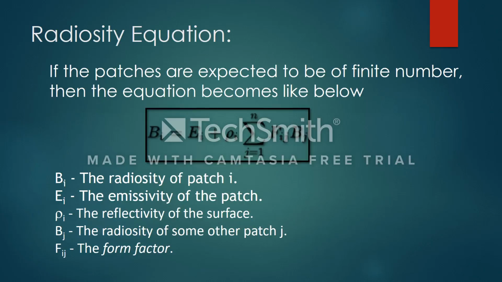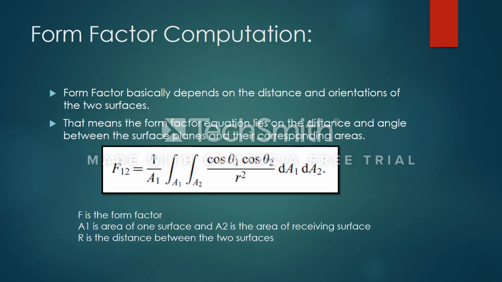This slide shows us the radiosity equation for diffuse surfaces. Here, if we assume that a finite number of patches are available in the total environment which we are looking into, then this equation is for calculating the radiosity. If the number of patches is finite, then it becomes like this.